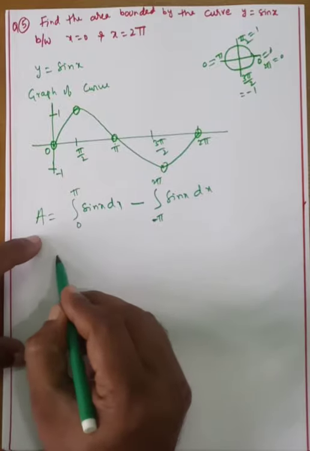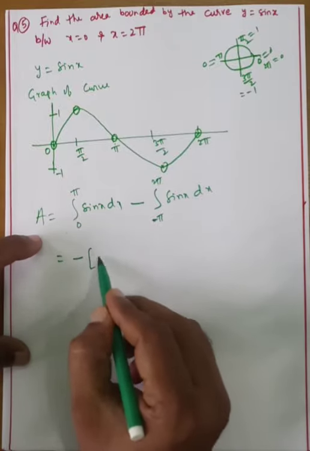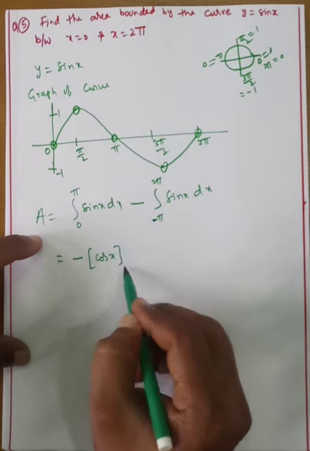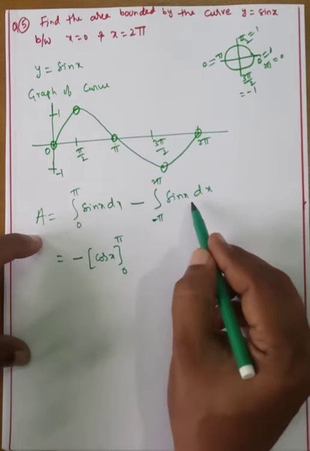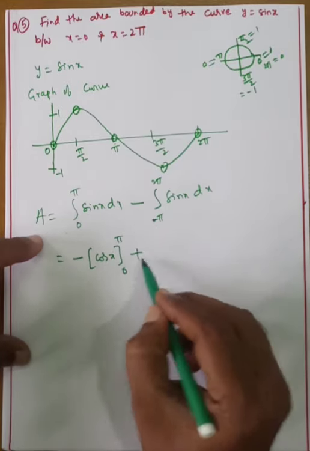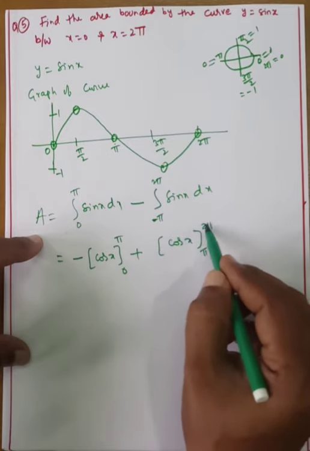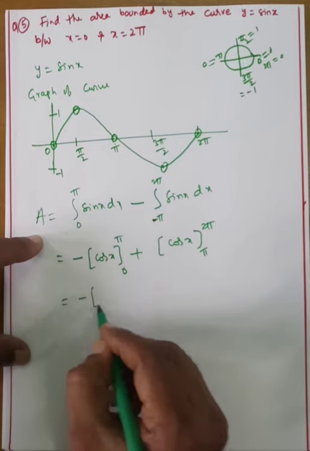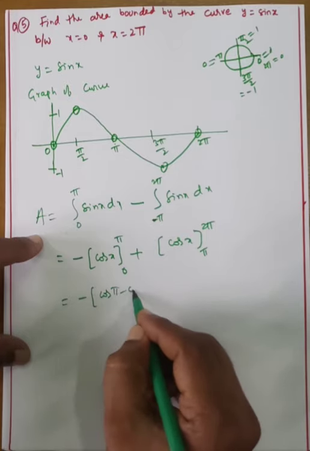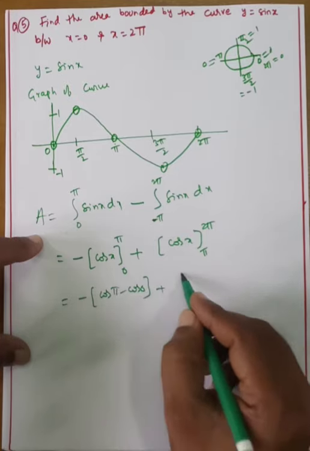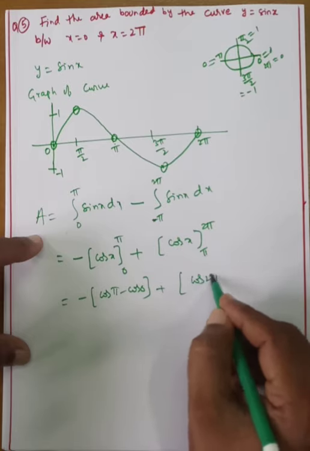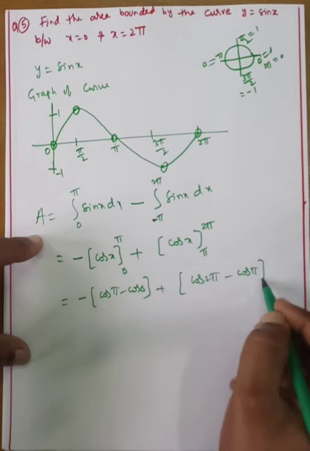Now the integral of sin x, you know, is minus cos x, from 0 to pi. Integral of sin x means minus cos x, and already the minus is there, so plus cos x from pi to 2 pi. Already I explained the odd multiples: that is cos pi minus cos 0, plus cos 2 pi minus cos pi.